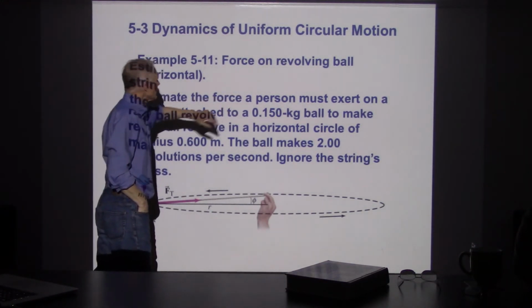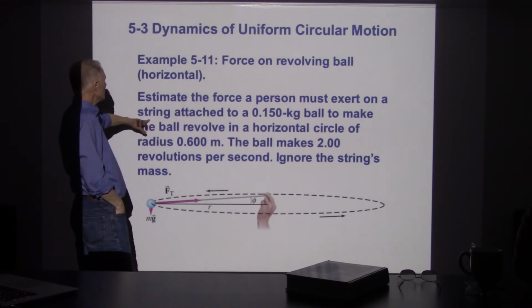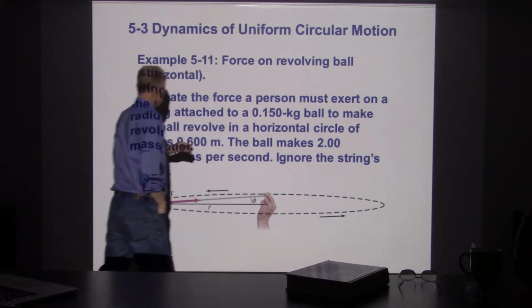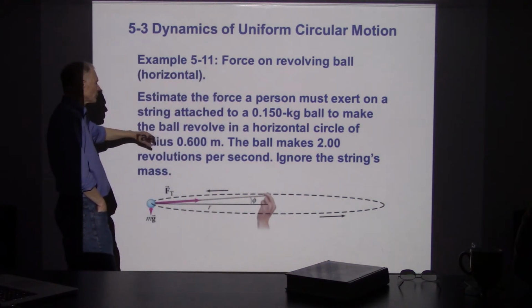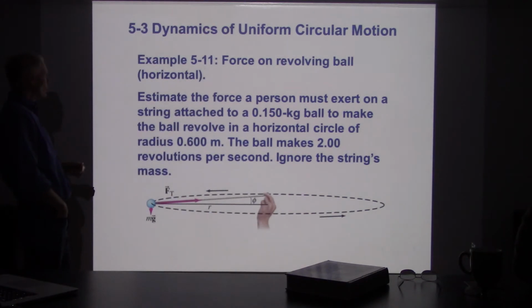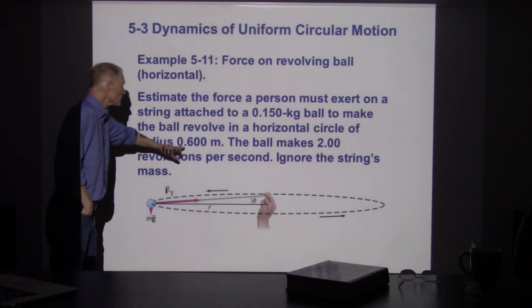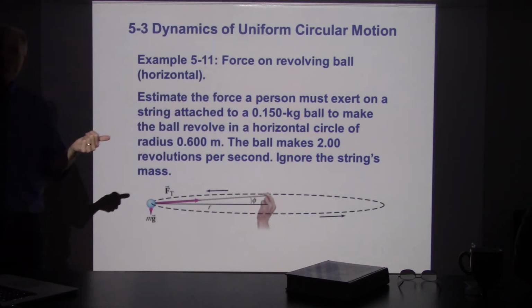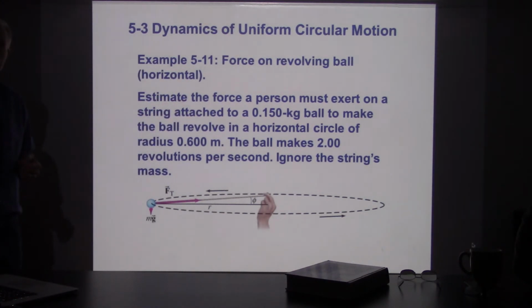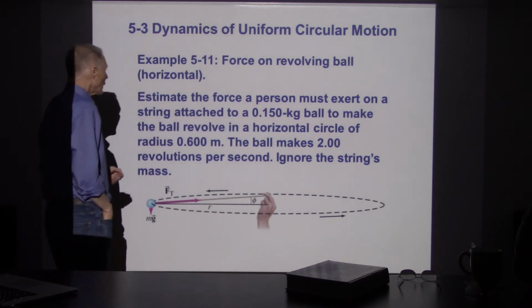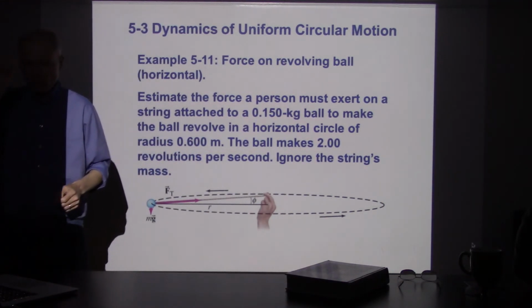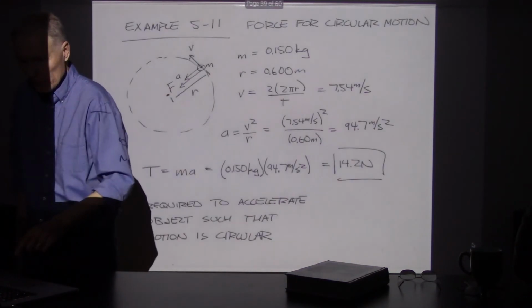Estimate the force a person would exert on a string to make a 150-gram spherical object revolve in a horizontal circle. So the same radius, 60 centimeters, same object. Now before we never used the mass, this time we're going to need to because we're going to be calculating forces. So again, the ball is making 2 complete revolutions per second. We're spinning this around. The acceleration was extreme on this.